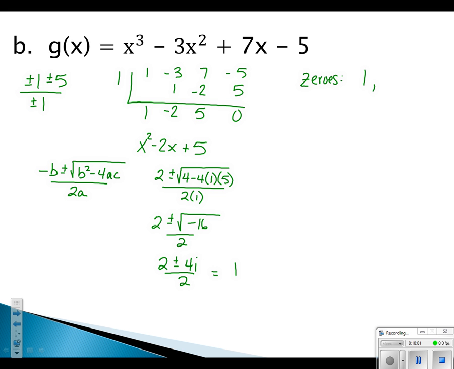So I end up with 1 plus or minus 2i. Okay, so I have one real 0, and then I have two complex or imaginary zeros. So 1 plus 2i, and put it underneath here, 1 minus 2i are my other two zeros.